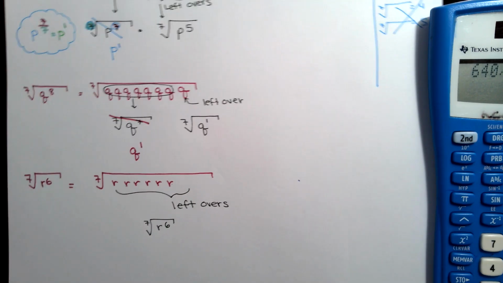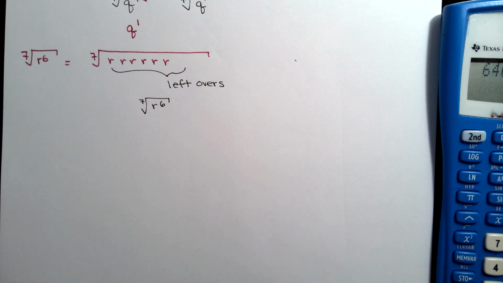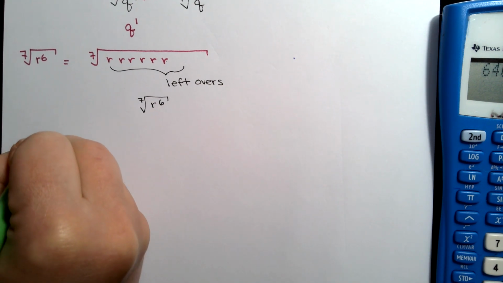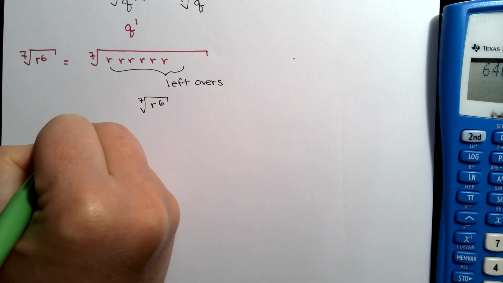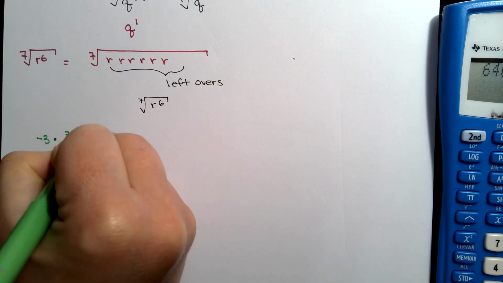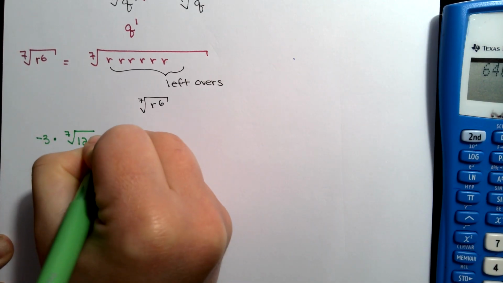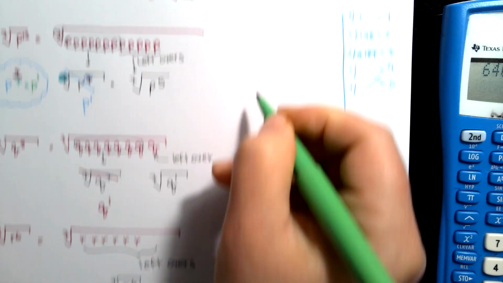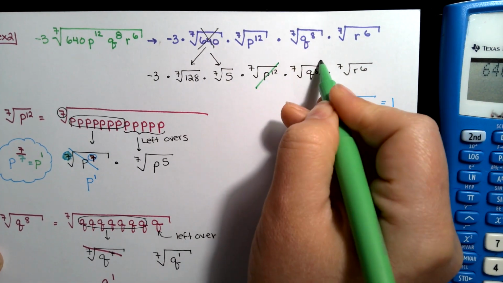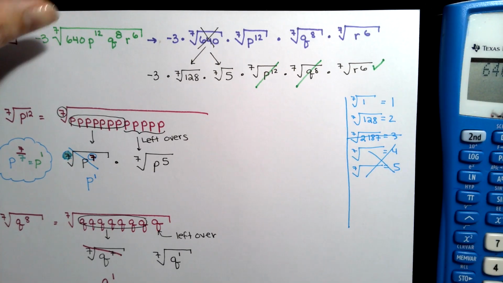All right, let's go ahead and write this out. We have -3 times 7th root of 128 times 7th root of 5 times. Now, I'm looking back up here. I don't have this. I don't have this. I do have this.